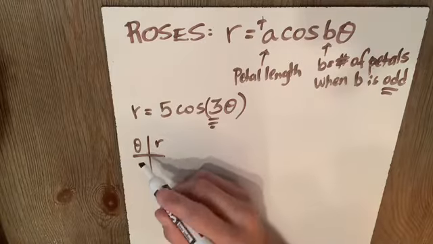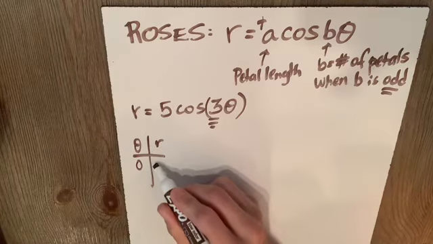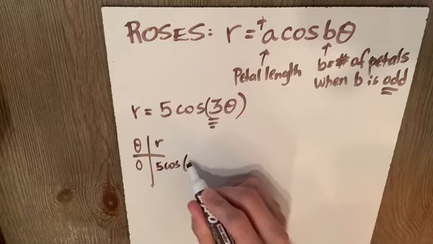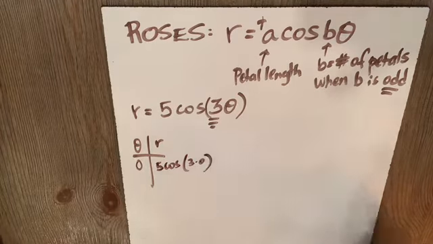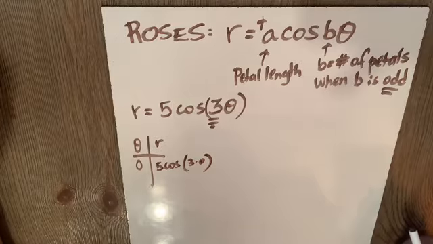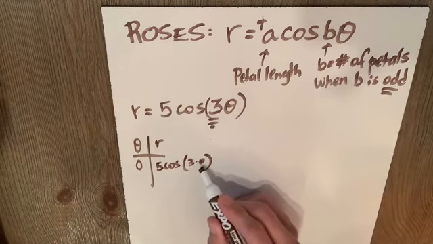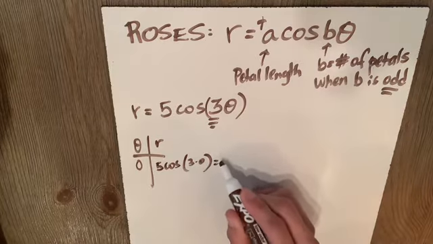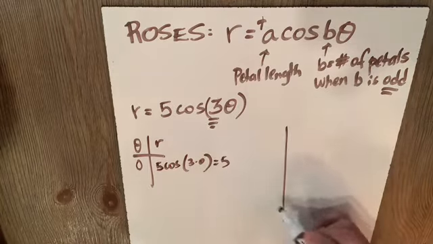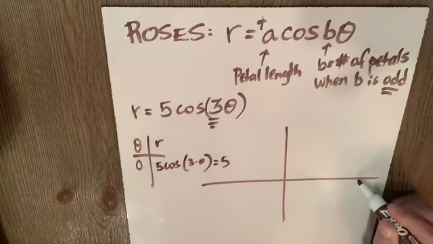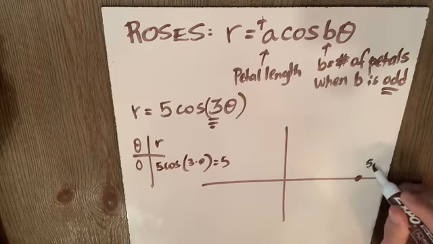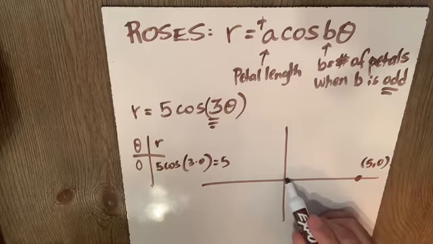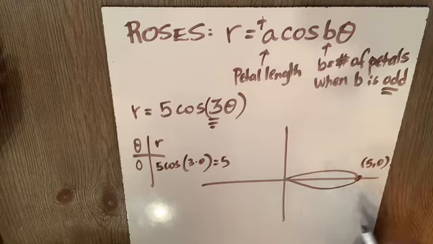So if I substitute in 0 for my angle, I get r is equal to 5 cosine of 3 times 0. Remember, PEMDAS requires us to do parentheses first. 3 times 0 is 0. Cosine 0 is 1, if you know your unit circle, times 5 is 5. So why did I do that? Because I wanted to make sure I had this point 5, 0. And that's not XY, that's R theta. And so here is one petal.